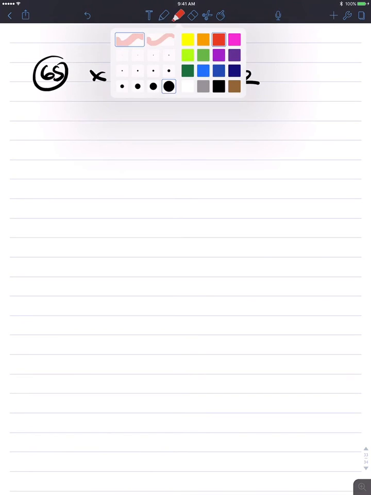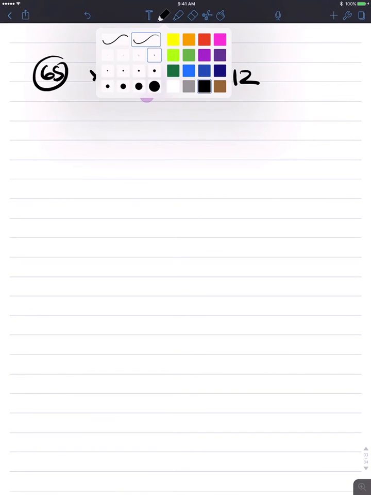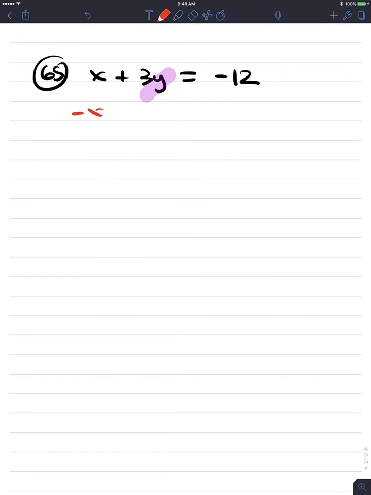65. x plus 3y is negative 12. We're solving for y. We're going to start by subtracting x from both sides to obtain 3y is negative x minus 12.